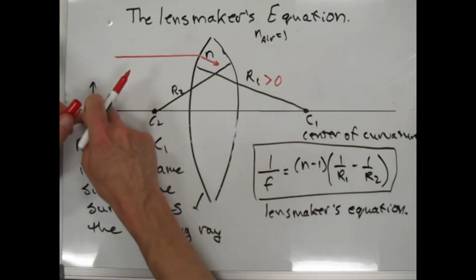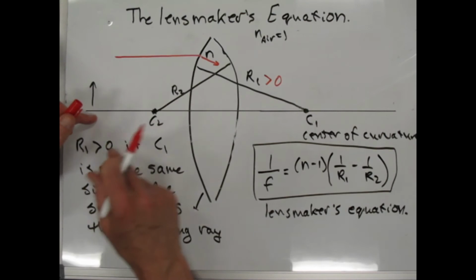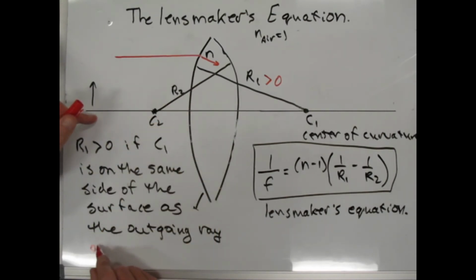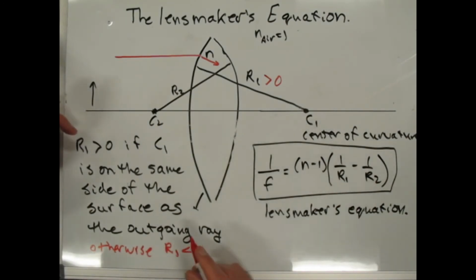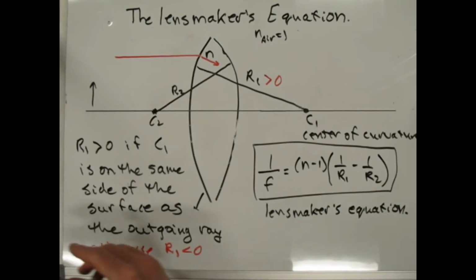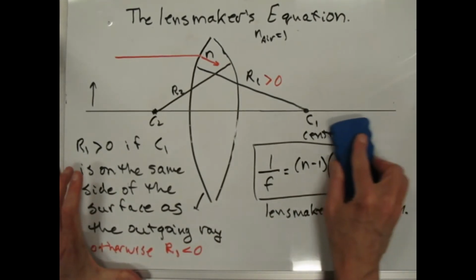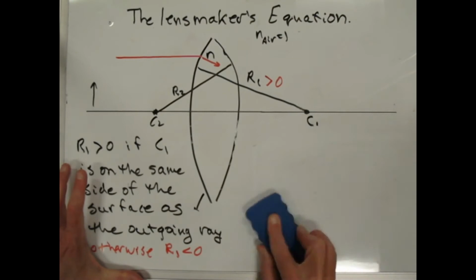If the center of curvature is over here, we use a negative radius, and so I should say down here, otherwise, R1 is less than 0. And it's the same thing for R2. So I'm going to erase that equation, but I'll put it back.